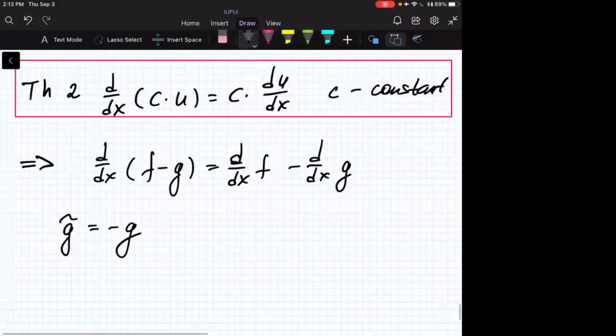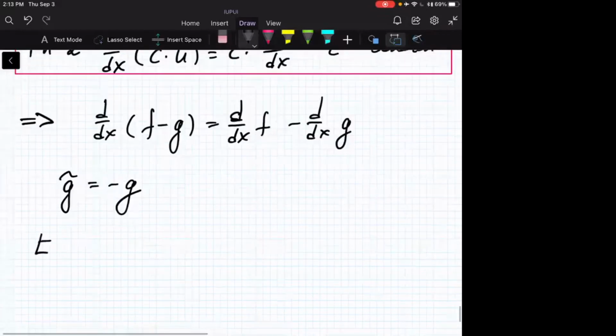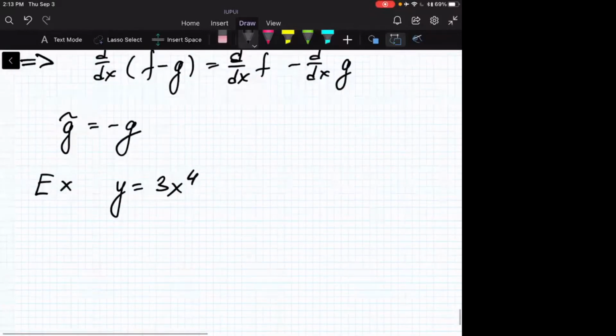Nothing will be changed. So let's calculate something new, 3x to the power 4. We are interested in the derivative of this function.